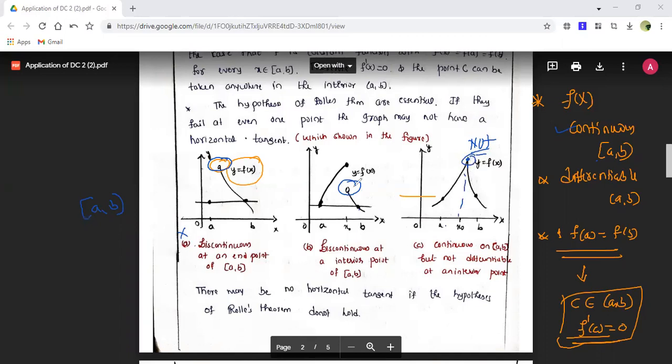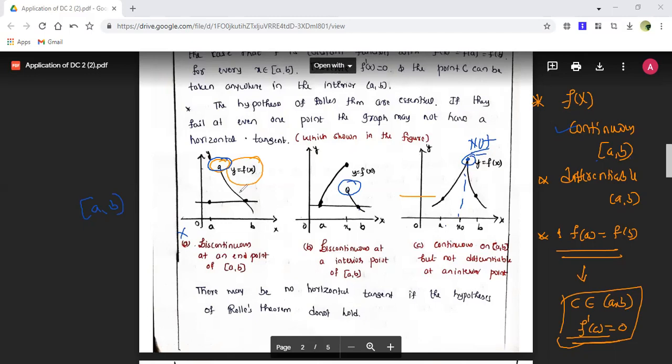So in these three cases, at least one condition fails. You can see clearly that here it is not continuous at only one point, and here it is not differentiable at only one point. Even at one point, if the hypothesis fails, then we will not get the horizontal tangent.